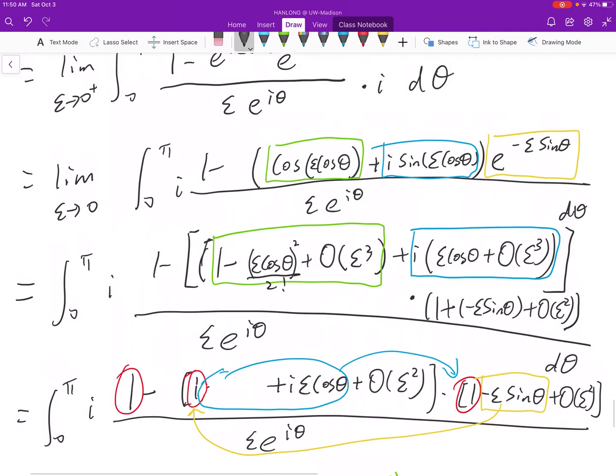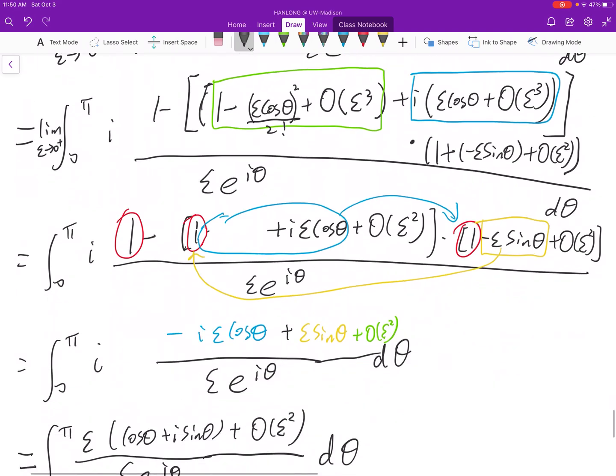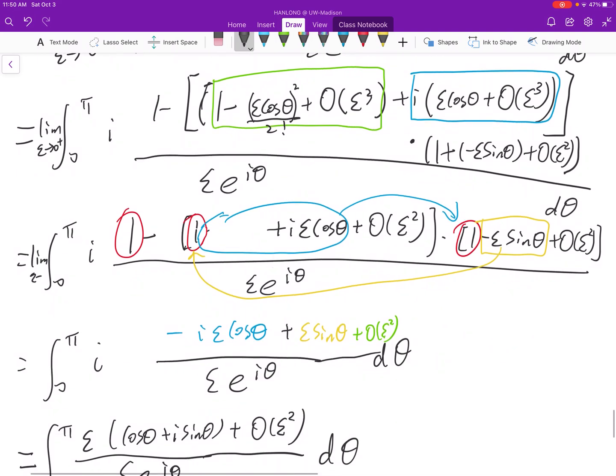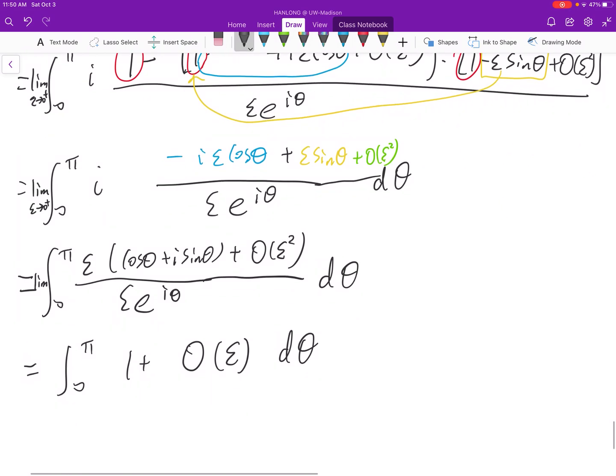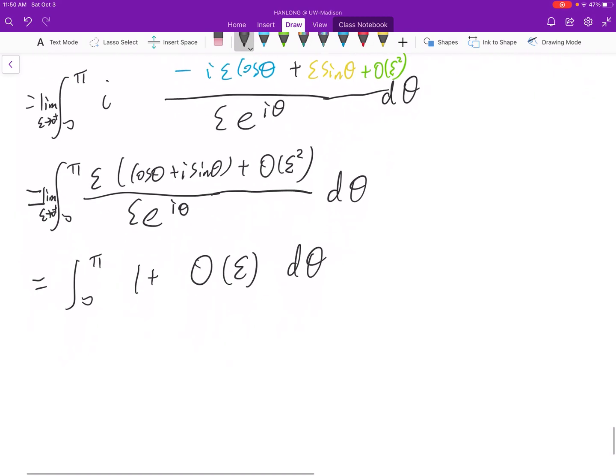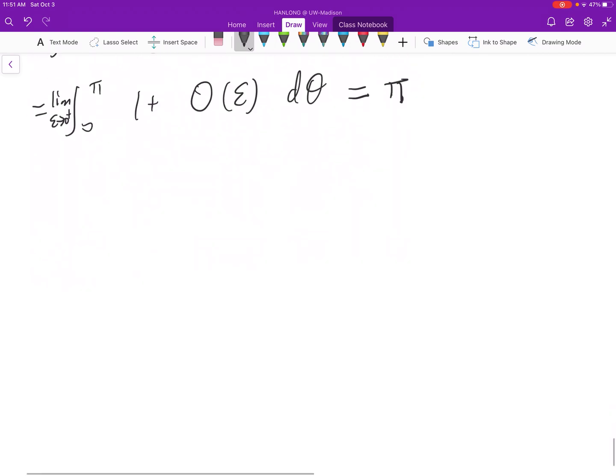Of course, I omitted all the limit symbols. Eventually, if we take the limit, epsilon goes to 0, this gives you pi. So that's exactly what we want.